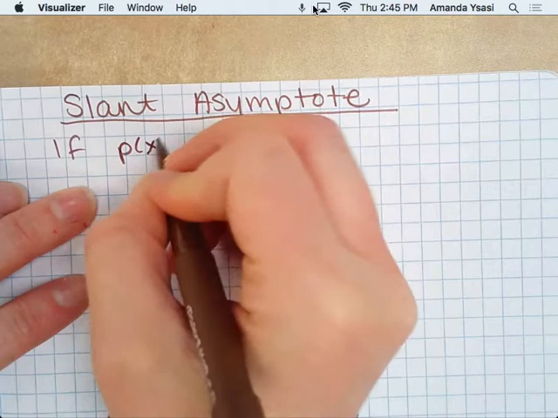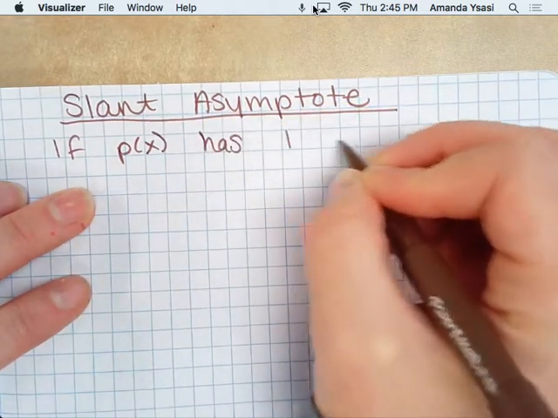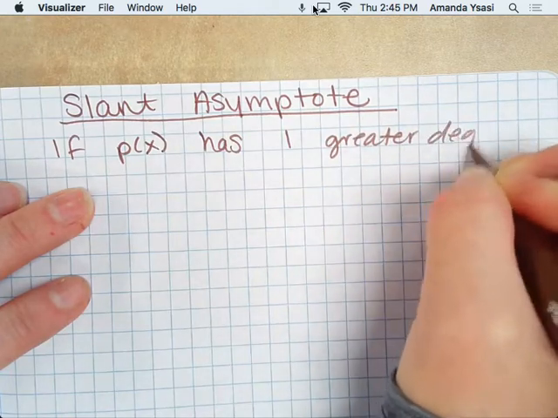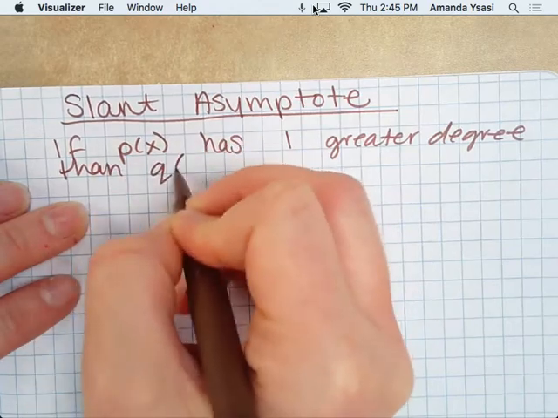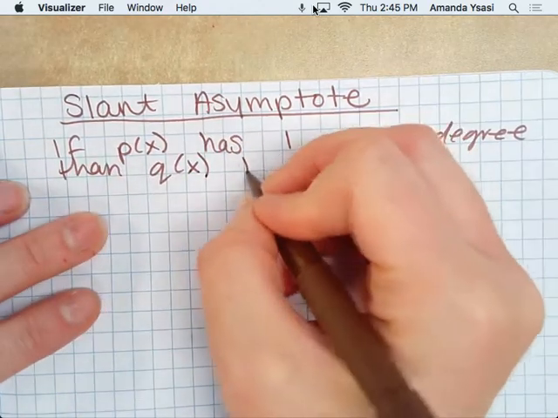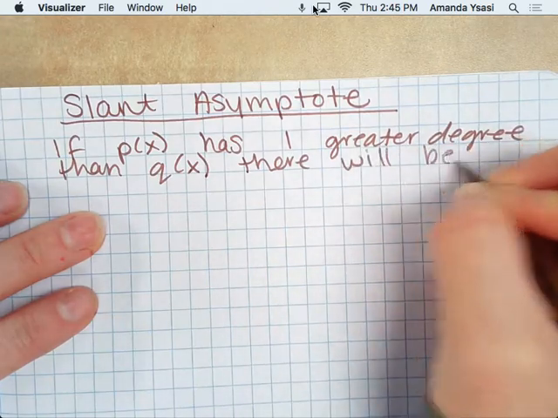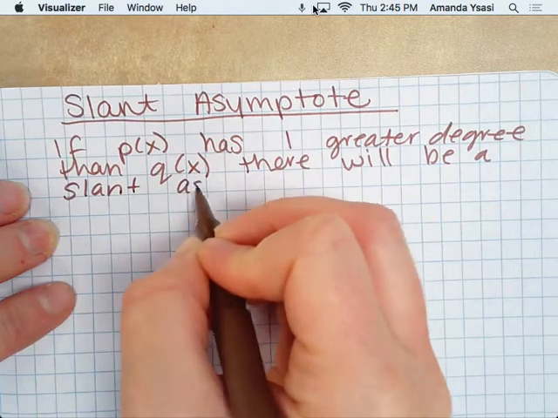If P of X has one greater degree than Q of X, there will be a slant asymptote.